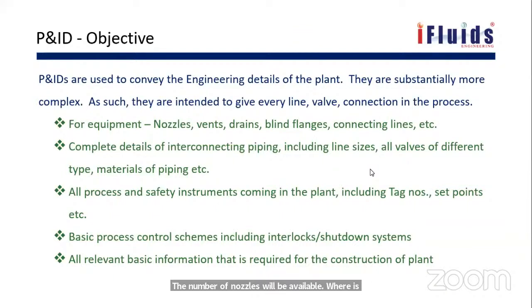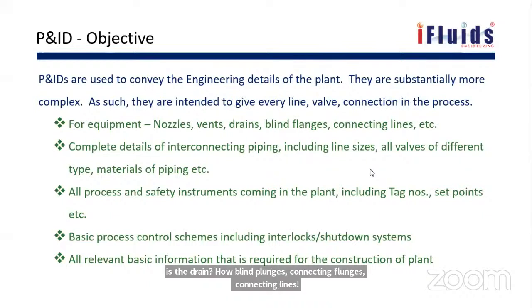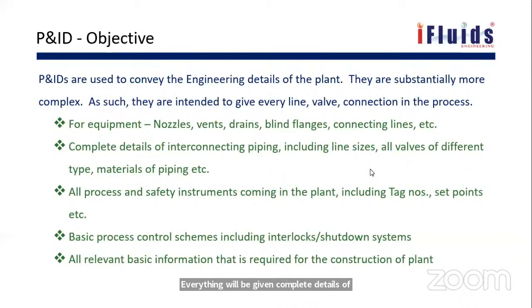Where is the vent? Where is the drain? How blind flanges, connecting lines, everything will be given. Complete details of interconnecting piping, including line sizes, different types of valves, materials, everything.